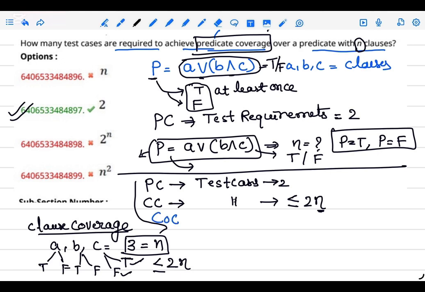Next, combinatorial coverage, that is multiple clause coverage, also called MCC. For this the number of test cases is 2 power n. You have to remember these 3 formulas, they are important.